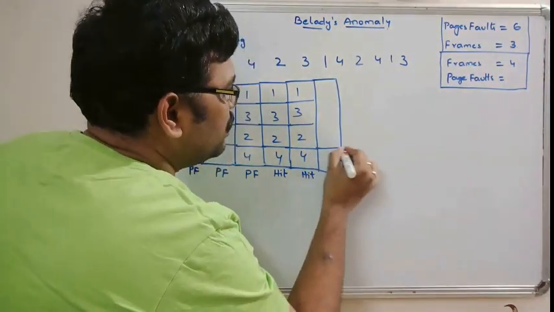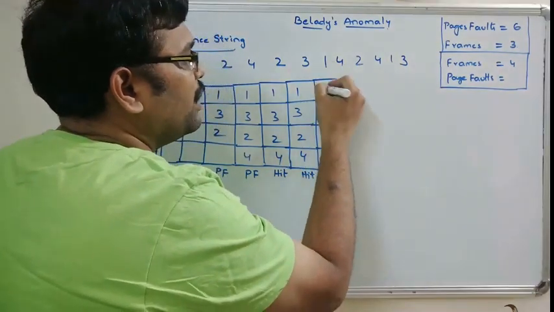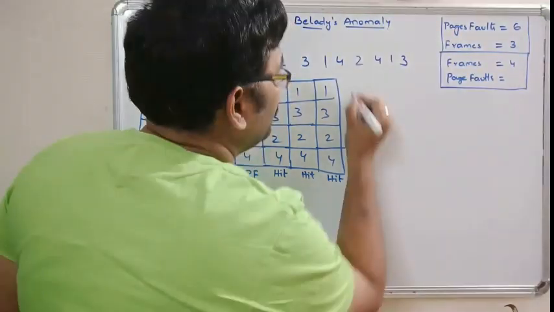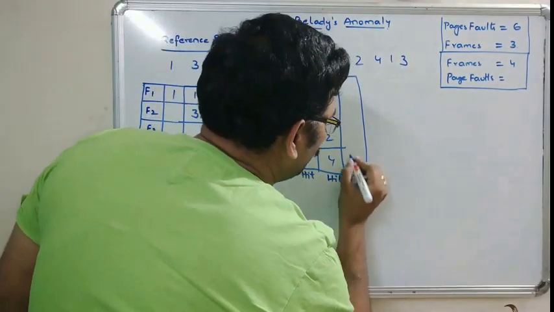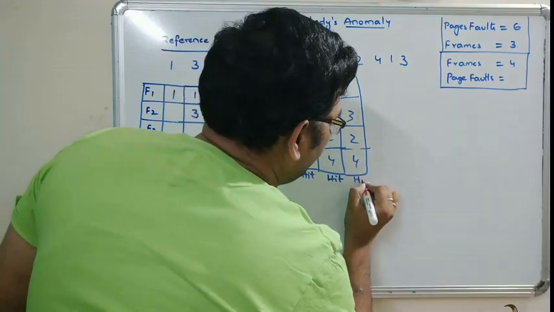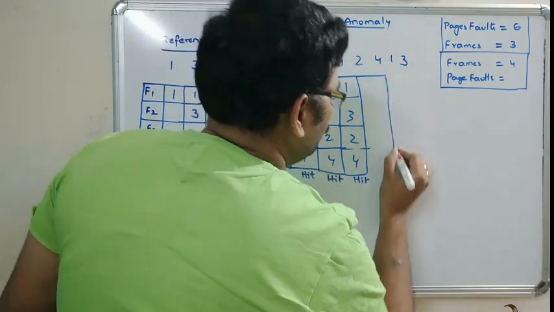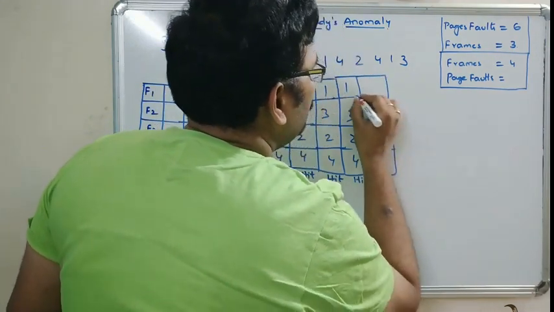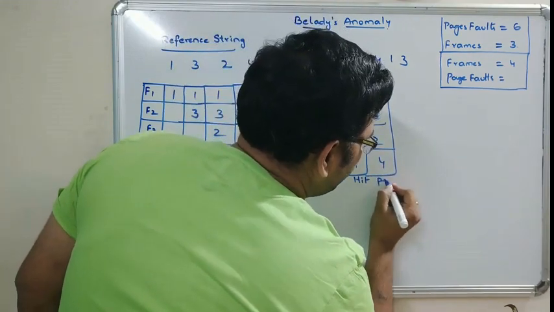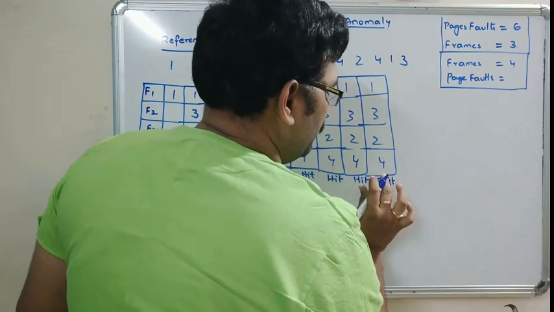Coming to the next one, 1. 1 is already available, so again there is no page replacement. Again it is a hit. Next 4. 4 is available. Again hit. 2. 2 is available, so there is no page fault. It is a hit.